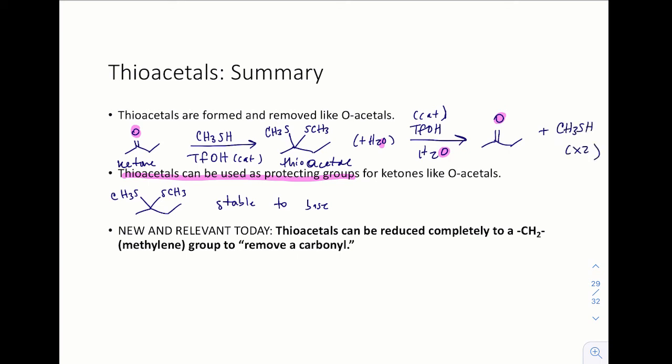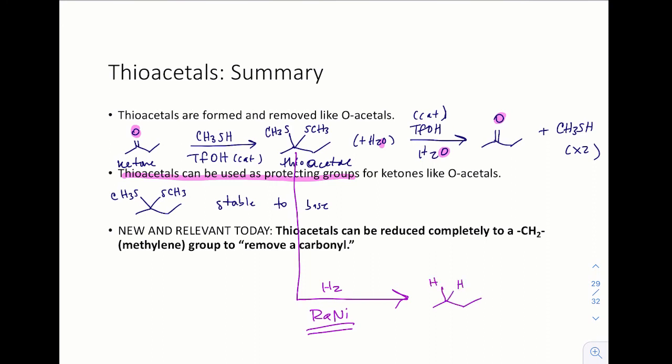Okay, cool. But then today's new revelation is that thioacetals could also be reduced completely. And Raney nickel can be abbreviated like this. They can be reduced completely to generate alkanes.